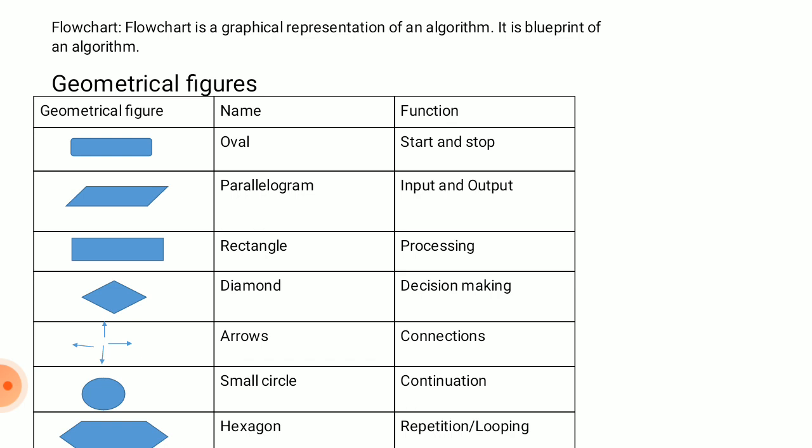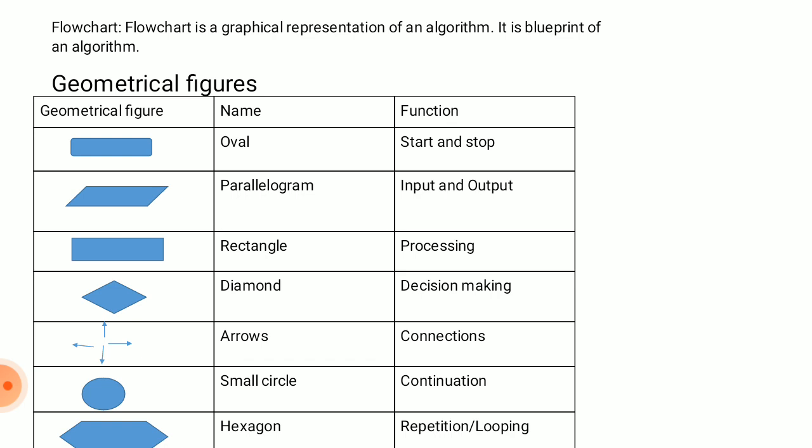For continuation purposes we use a small circle. We write a plus symbol in that circle on the previous page, and on the next page also write a plus symbol in that circle. It indicates the continuation of the previous page. That is continuation.